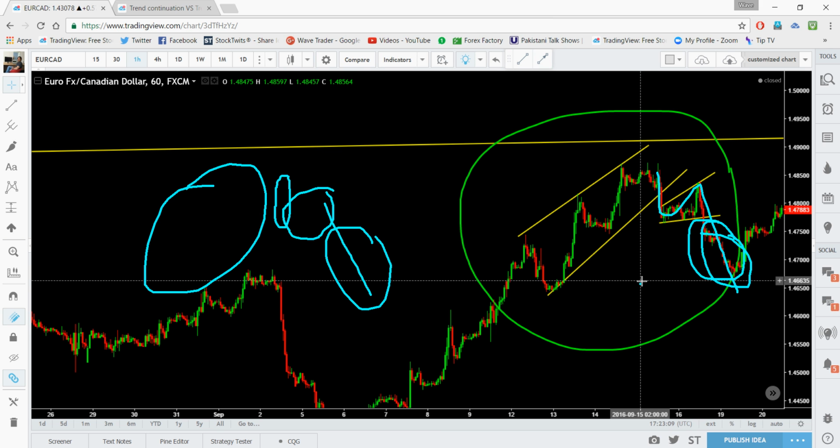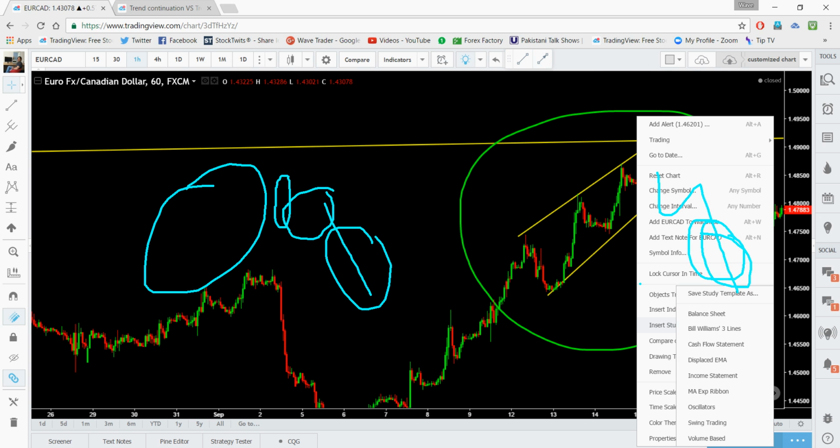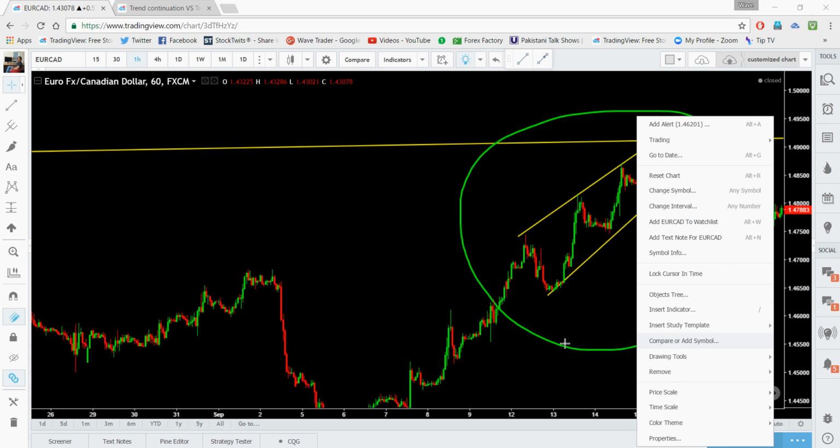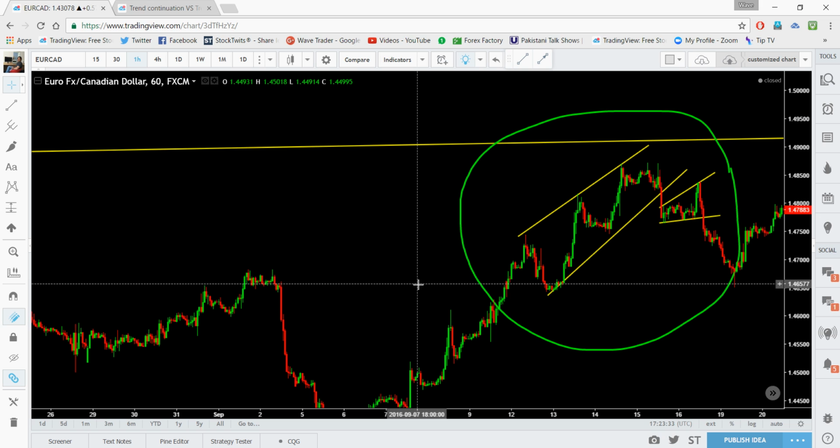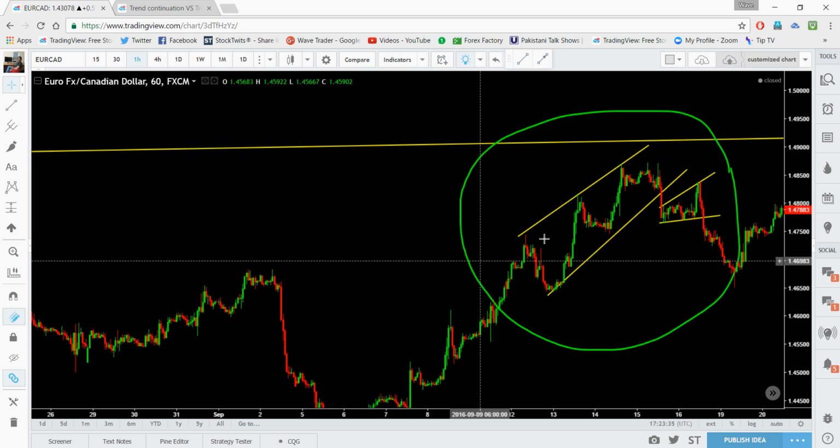This is the main difference: one forms within the wave and the other forms at the top or at the bottom, or with divergence. You can see divergence within the pattern as well, as I have shown you on the New Zealand dollar and New Zealand CAD. On New Zealand CAD it was forming on the top, on the peak.